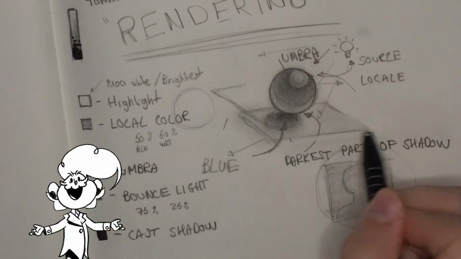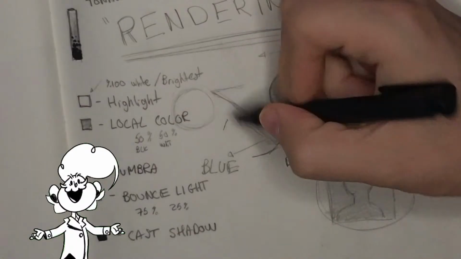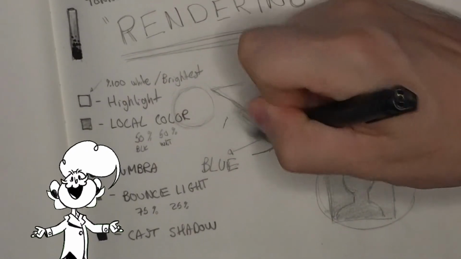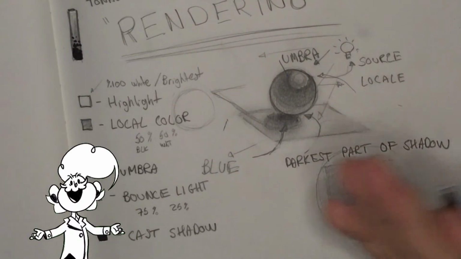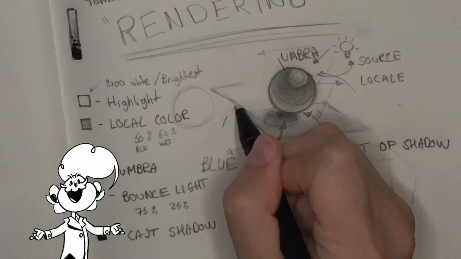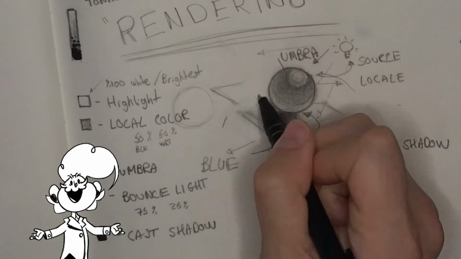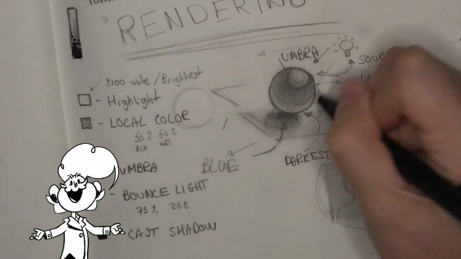Not only will cast shadows be the darkest where they're least likely to get light hitting them, they're also going to be the sharpest. They're going to have the most defined edge, which is what we are basically referring to when we're talking about edge control.